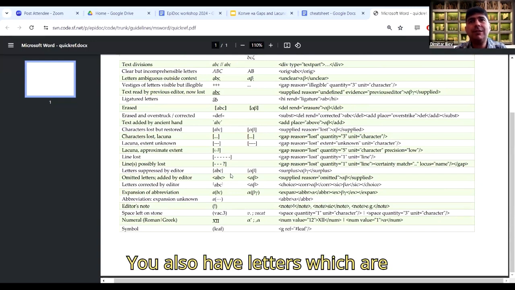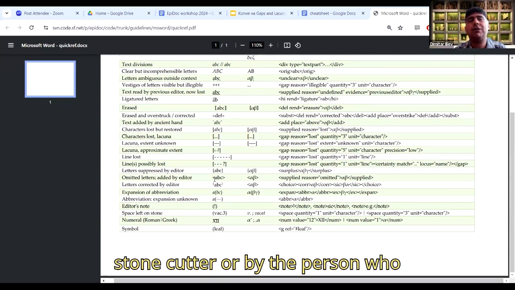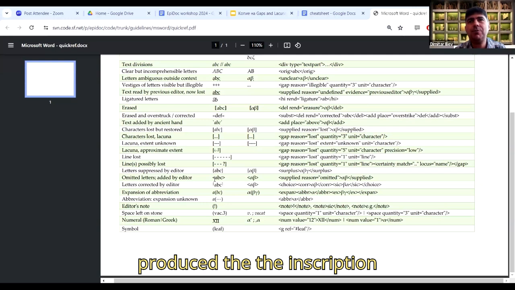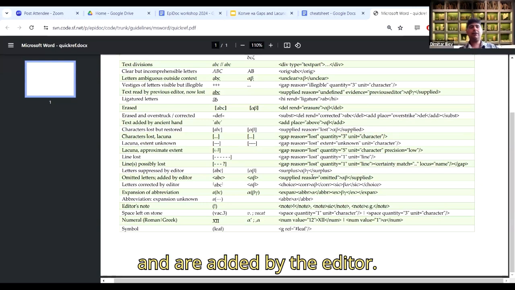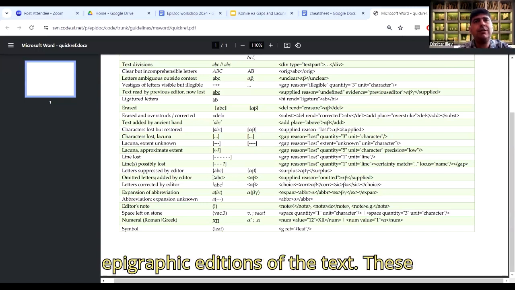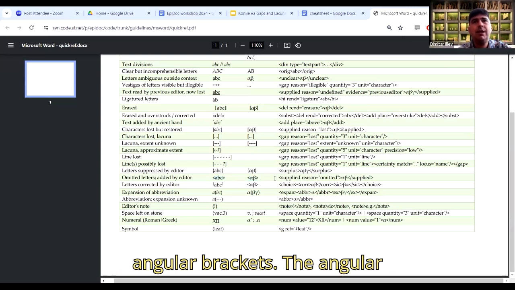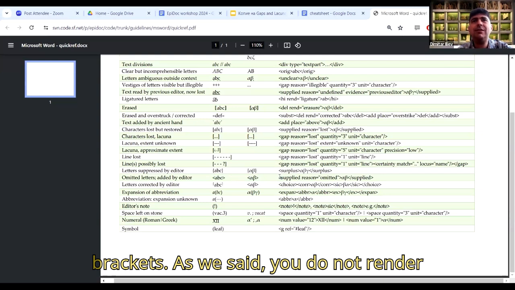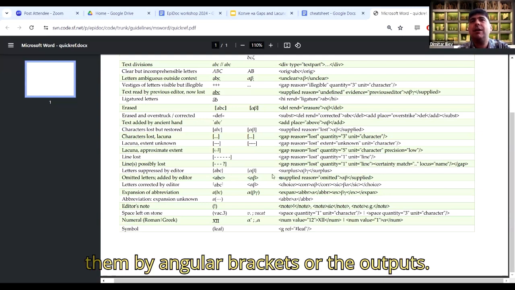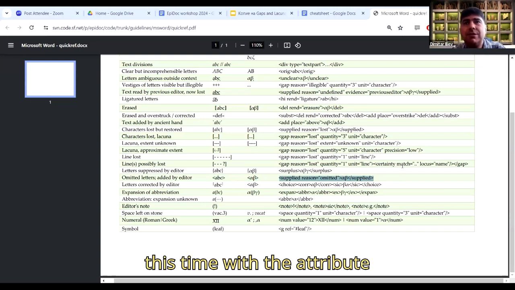You also have letters which are omitted by the stonecutter or by the person who produced the inscription and are added by the editor. Then you have, usually in the epigraphic editions of the text, the pointy brackets. These are the angular brackets. As we said, you give yet another supplied element, but this time with the attribute reason omitted.